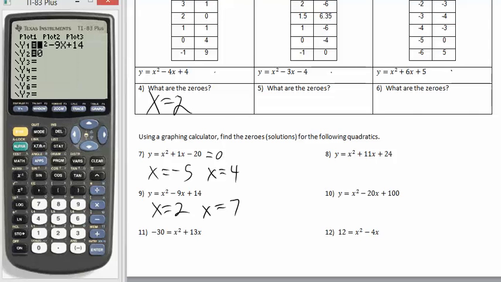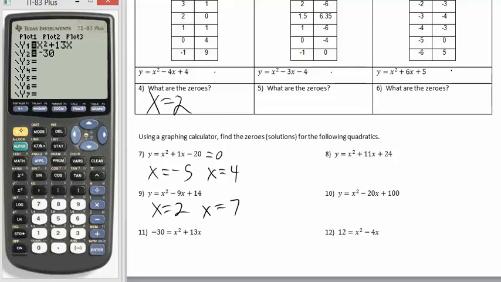If we put this one into the calculator, we have x squared plus 13x. Now we can do the plus 30 over here and equal to 0, and that would give us the same answer. Or we can just go ahead and put the minus 30. Because remember, I've said all year long, you can solve any equation: put one side in y1, put the other side of the equation in y2, and it's going to give you the solution.